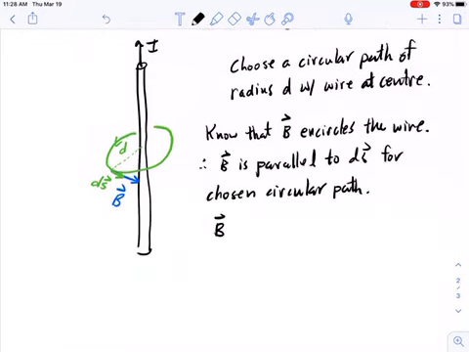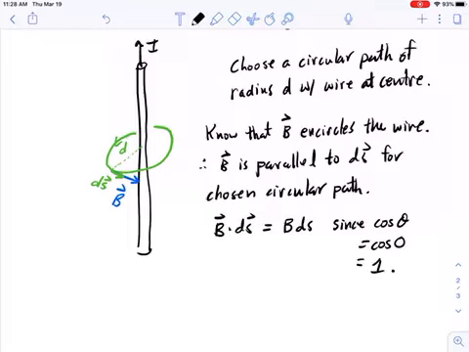So when we calculate this line integral that we're trying to work out, then the B dot ds is just going to be B ds, since the cosine of theta would equal the cosine of 0 for parallel vectors, and cosine of 0 is 1.